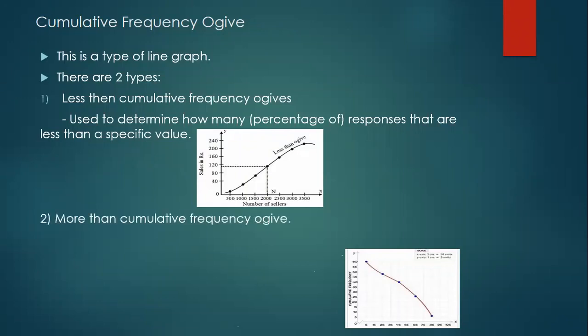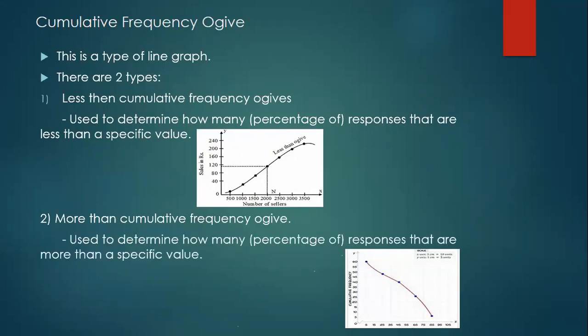Next, we have the more than cumulative frequency ogive. The more than cumulative frequency ogive is used to determine what percentage of responses are more than a specific value. So the more than usually starts at the total and ends at 0.